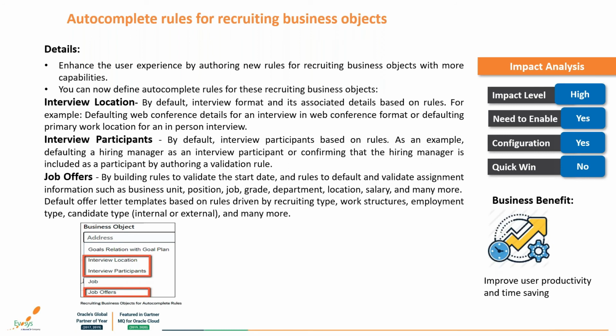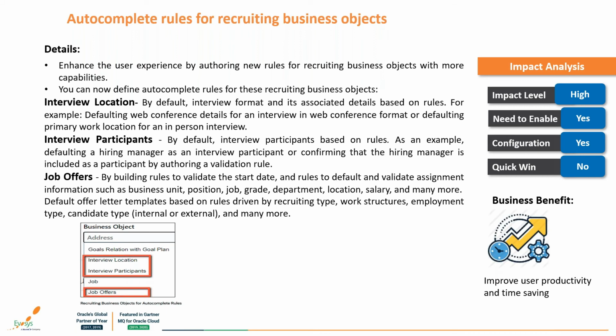Nowadays, what all of us, or all the companies, are doing is having online interviews because of the current situation. So they can just default the web conference detail for the interview. This will improve user productivity, and it will save time for the users who are scheduling the interviews. Similar with interview participants.